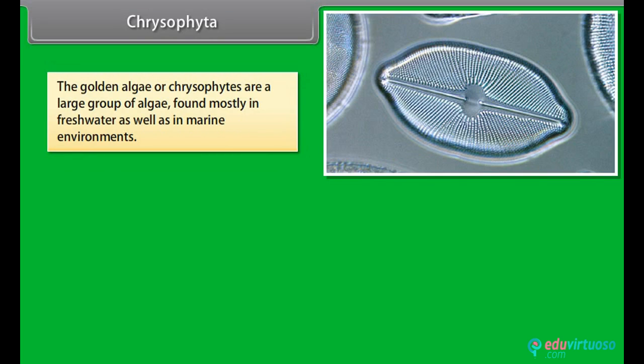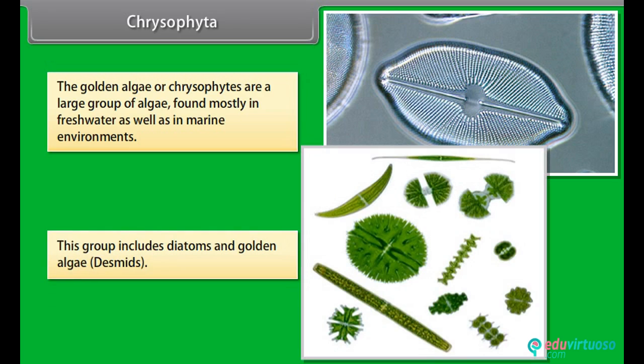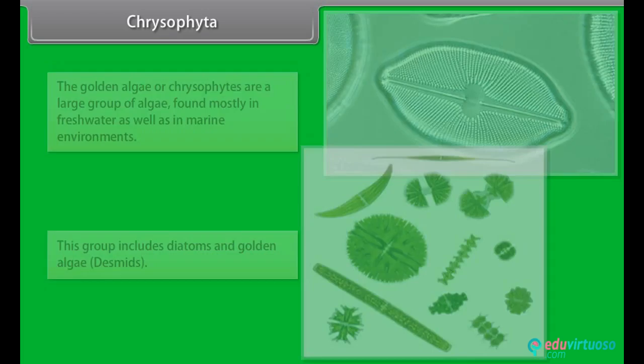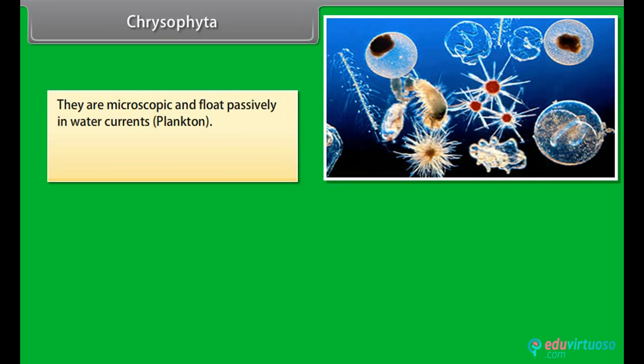Chrysophyta. The golden algae or Chrysophytes are a large group of algae found mostly in fresh water as well as in marine environments. This group includes diatoms, golden algae, and desmids. They are microscopic and float passively in water currents, as plankton.